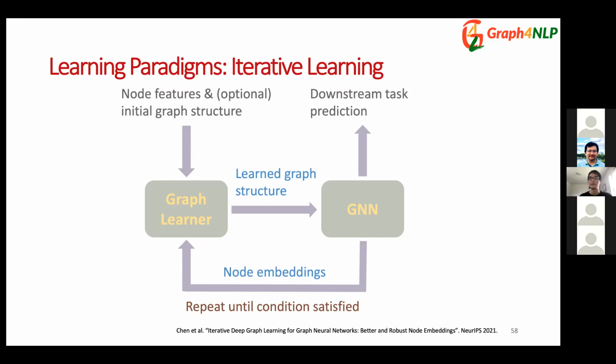Various stopping conditions can be applied for the iterative learning process here. For example, one can stop the iterative process when the difference between the learned adjacency matrices at consecutive iterations is small enough, which is the stopping condition used in the original paper.